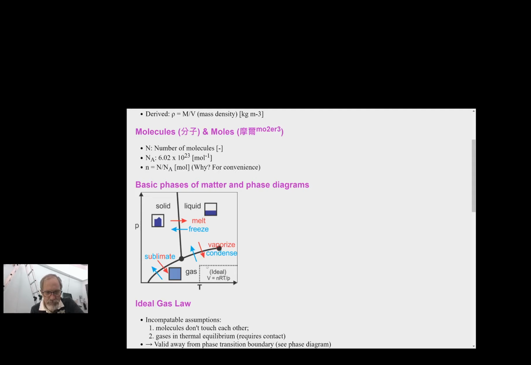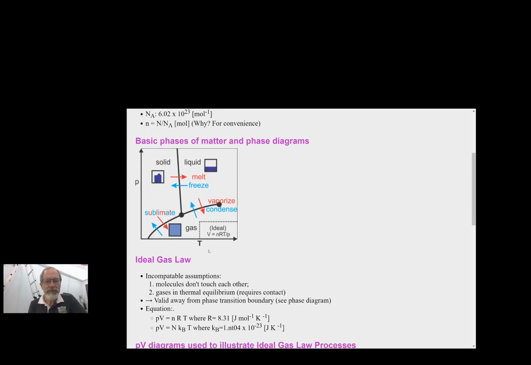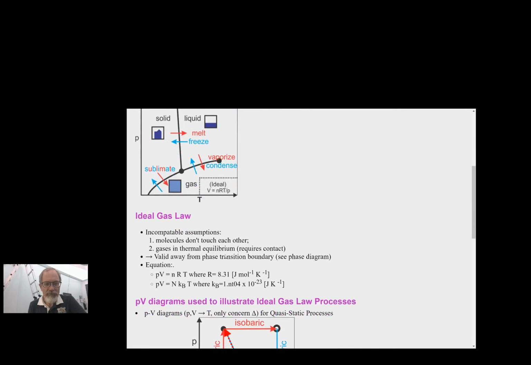I think you would have learned it that way, or it could have been PV equals NkBT, right? So one of those two ways. But this law is only valid in this small area of low pressure and high temperature. In other areas, it's not. So let's look again in more detail at this ideal gas law area that we learned before.